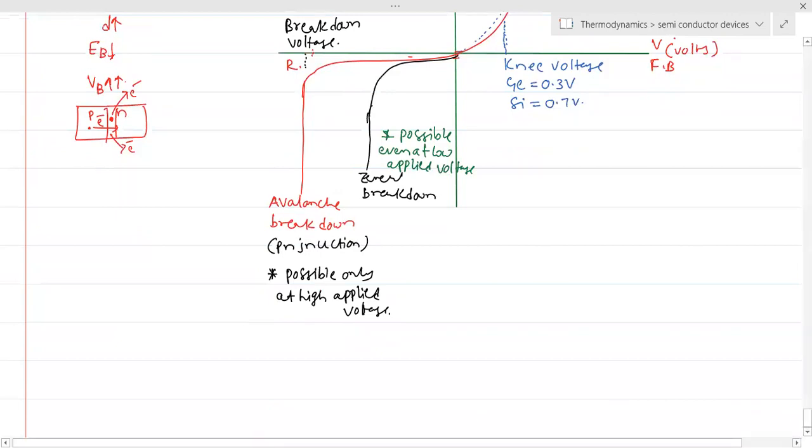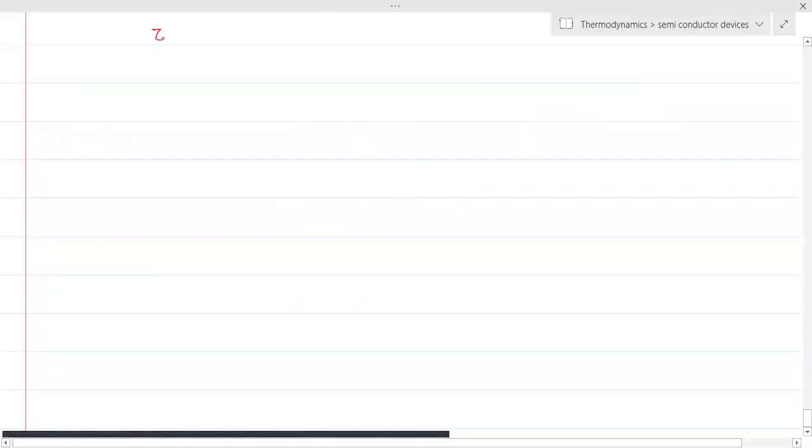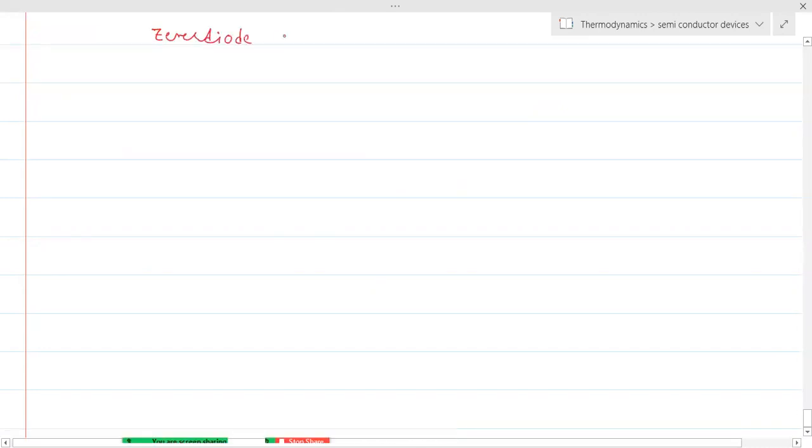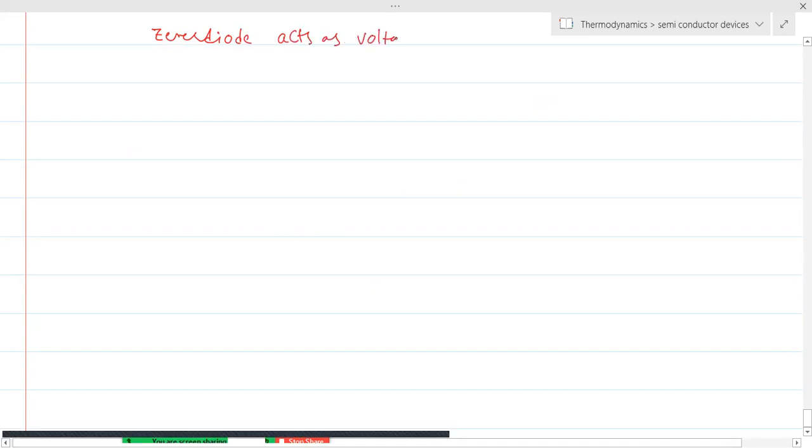Now we will see how the Zener diode acts as a voltage regulator. Next I am taking the Zener diode. The Zener diode acts as a voltage regulator.